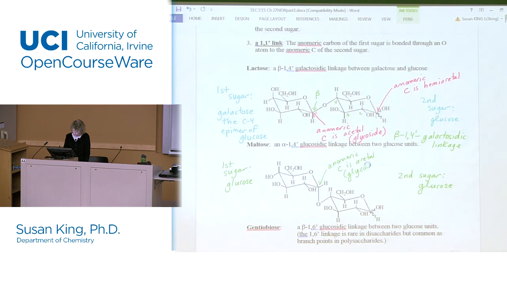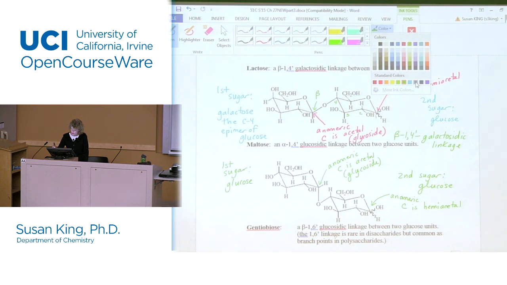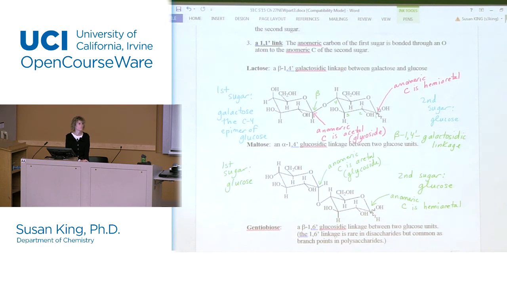That's the thing we want to label. Here's anomeric carbon number 2. It is a hemiacetal. All right, so what is the orientation of the hydroxyl on carbon number 1? It's alpha, right? This is alpha. And we are bonded through 1, 2, 3, 4. We're bonded through carbon number 4 of our second sugar. So this is an alpha 1,4' glucosidic linkage.